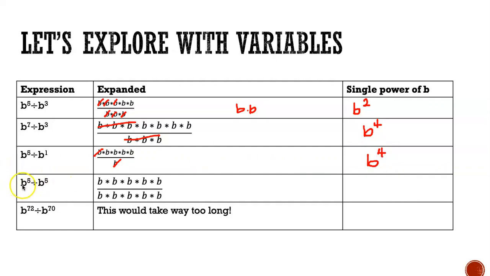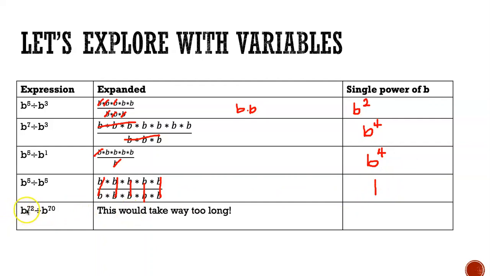Let's take a look at this one. If we have B to the 5th divided by B to the 5th, every B divides with another B, so our solution is 1.